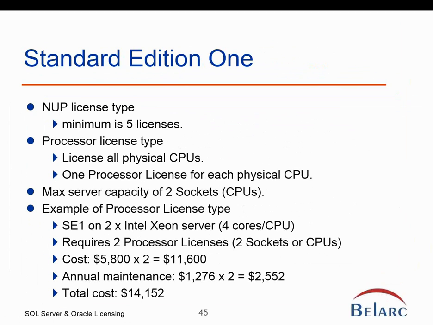The computer must be less powerful than the maximum for the standard. So we have an example here. Same server as before. It's our server with the 2 Intel Xeon CPUs with 4 cores. So since everything is being done by CPUs, it's got 2 CPUs, so you need 2 processor licenses. And you multiply that out to get your costs and the follow-on costs.